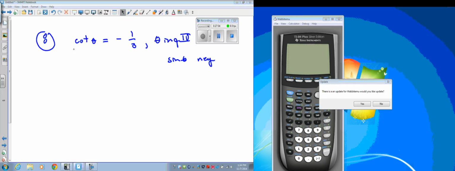Now cotangent, you have to go back and use the relationship where 1 plus cotangent squared equals cosecant squared. Because we don't have a direct relationship between sine and cosine. So I'm going to use 1 plus cotangent squared equals cosecant squared.